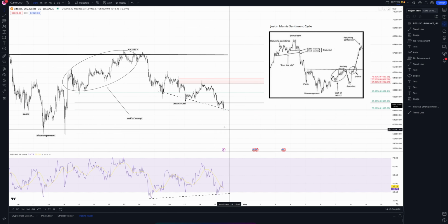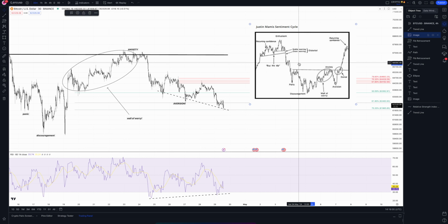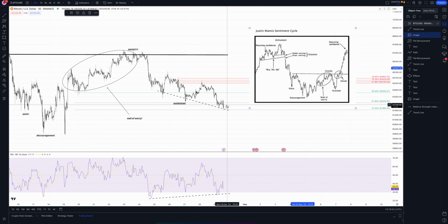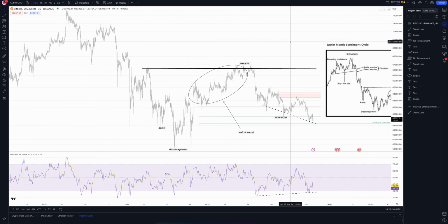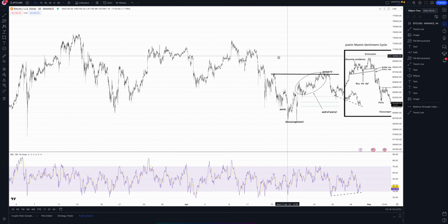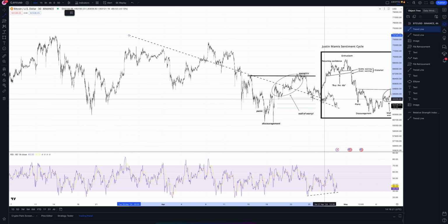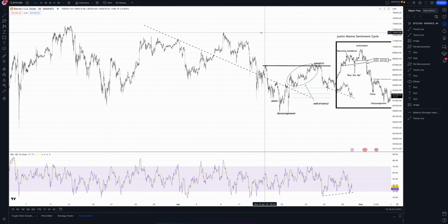But they get a big slap in the face when they suddenly see a move back up to these range highs at 66,800, right? And then it becomes denial. It creeps out of here, and then it just goes higher, and then you have a jump across the creek in the Wyckoff reaccumulation schematic.